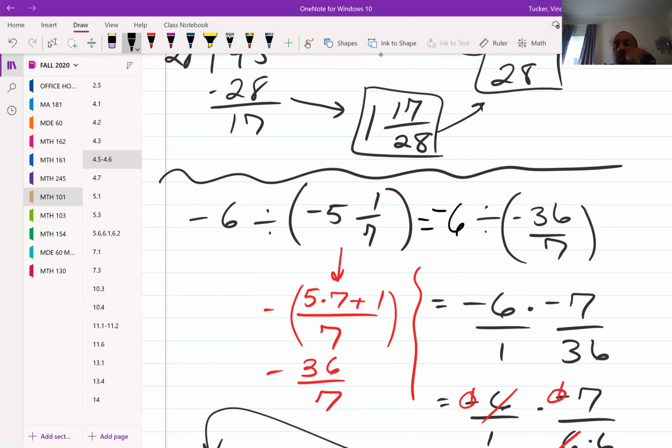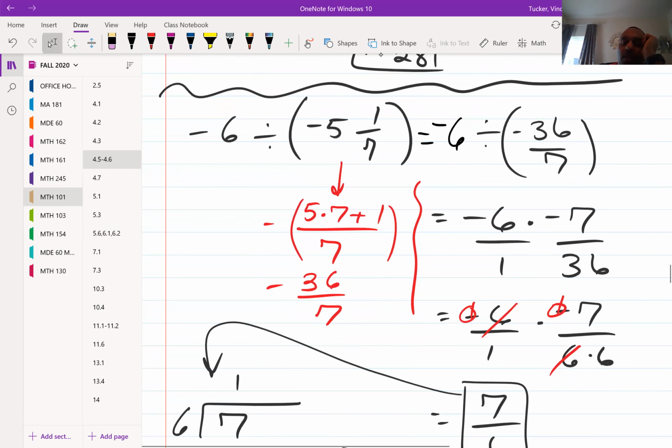All right, so negative 6 over 1 is negative 6 as a fraction. Division changes to multiplication. And then we flip that fraction that follows the division sign. That'll be 7 over 36.